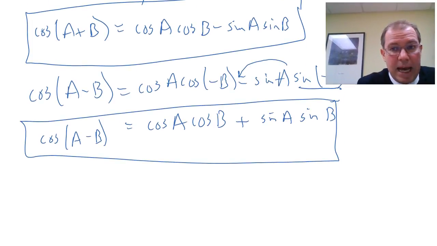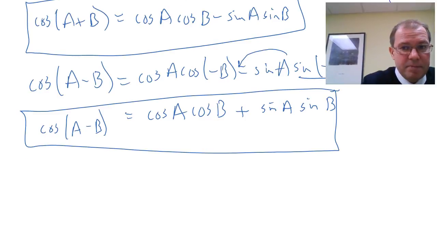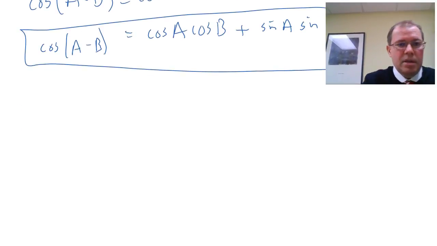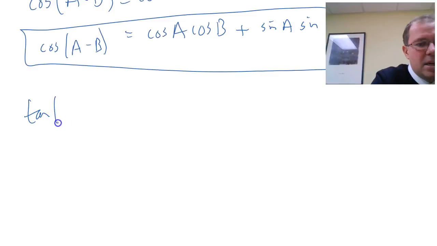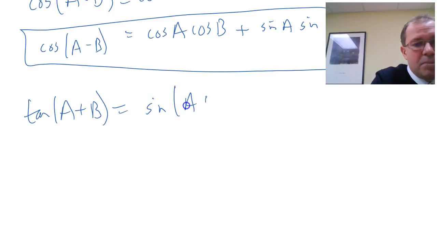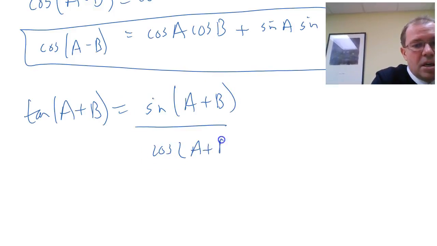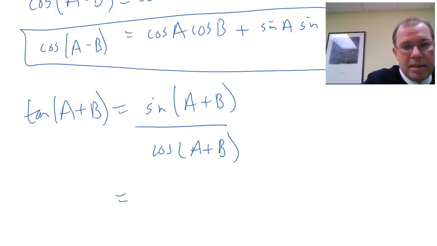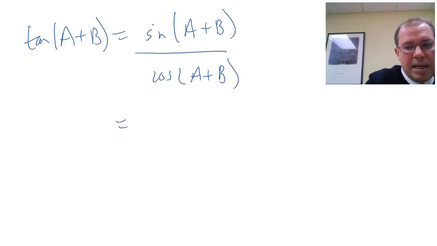Okay, now let's do tan(a + b). I'm going to write that as sin(a + b) over cos(a + b). And on my next line, I'm going to write the sin(a + b) formula.